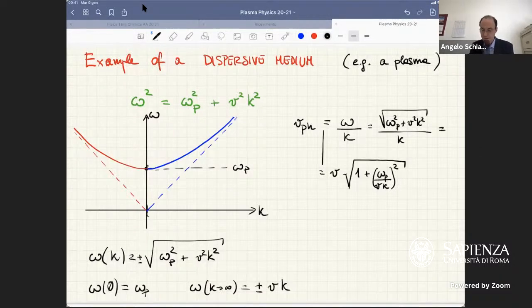We factor out the original speed of the wave, v, which is now called the characteristic speed of the wave.